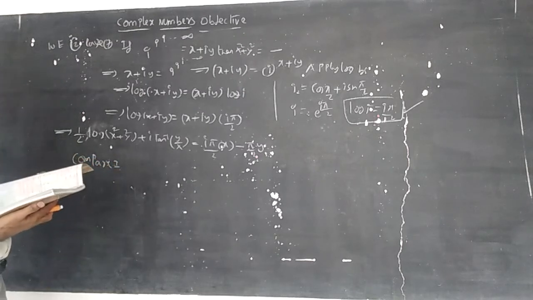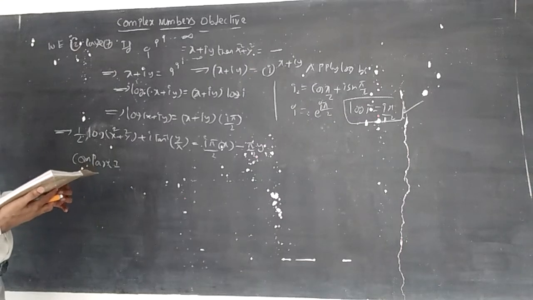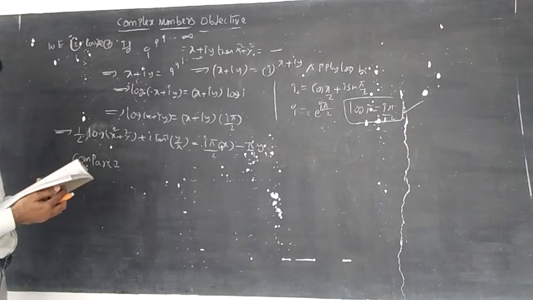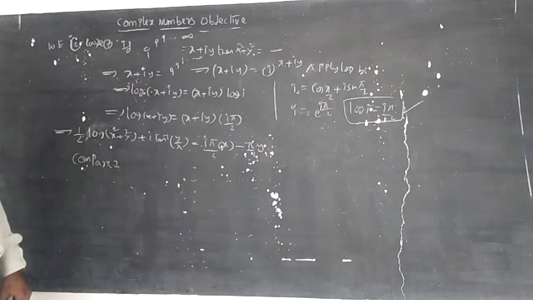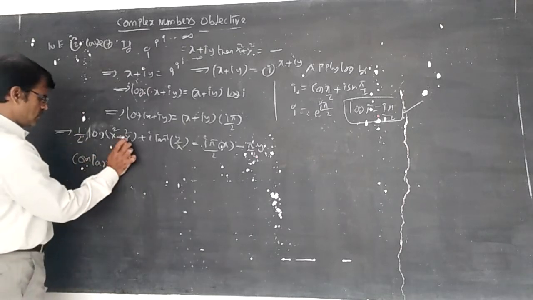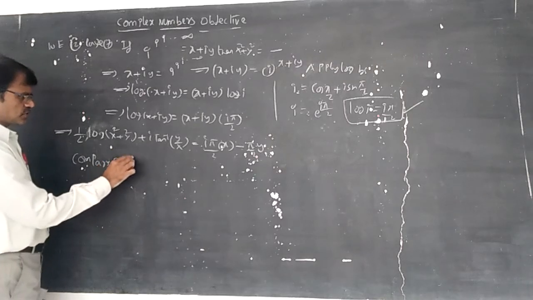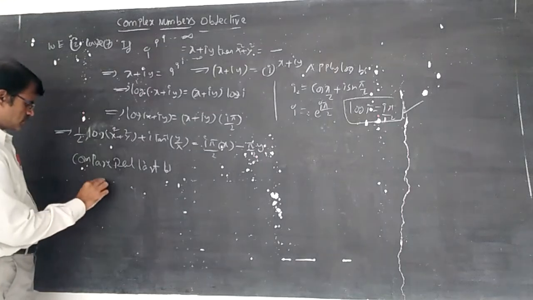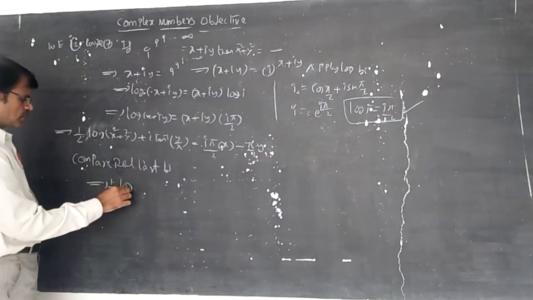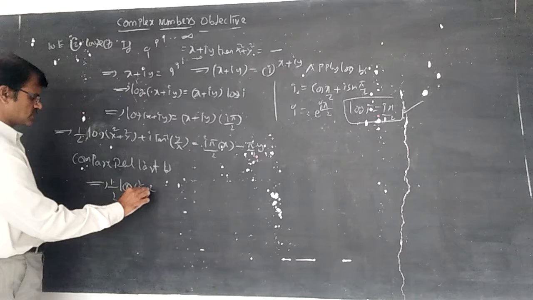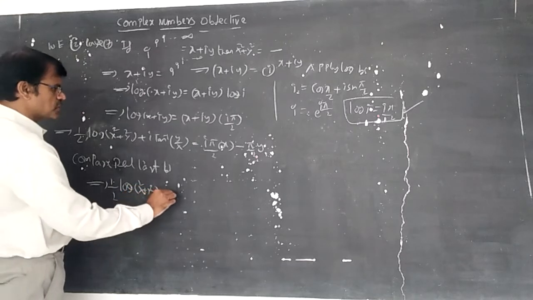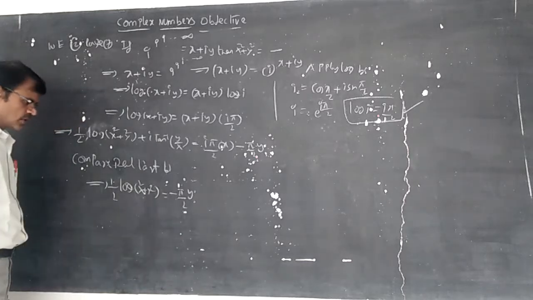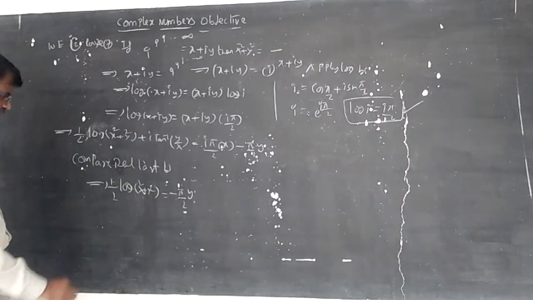What he is asking us is the value of x square plus y square. Compare simply, there is no question of imaginary, better to compare the real part. Compare real parts on both sides. So 1 by 2 log of x square plus y square is equal to minus pi by 2 y.